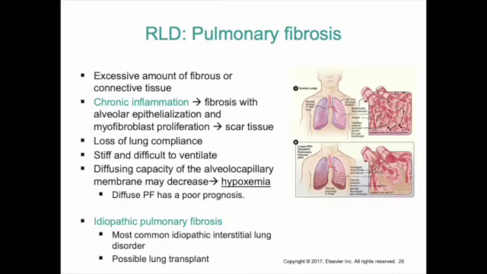Pulmonary fibrosis is another restrictive lung disease that occurs when there's an excessive amount of fibrous tissue or connective tissue within the lung. This pulmonary fibrosis can cause formation of scars over the lung fields, and usually this is happening after some type of active pulmonary disease like acute respiratory distress syndrome or tuberculosis.